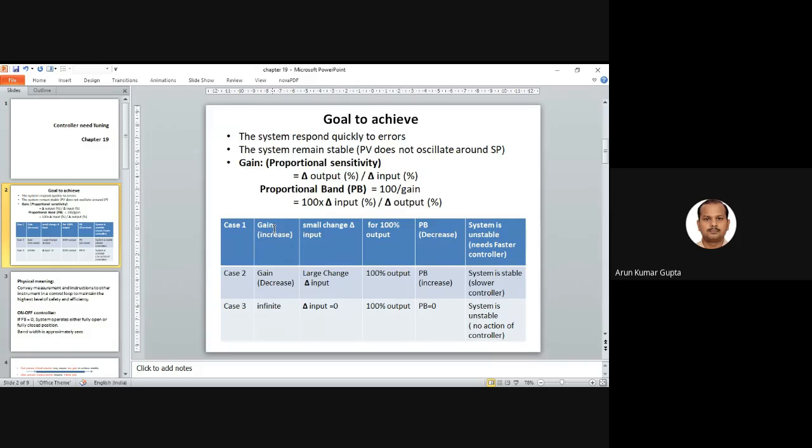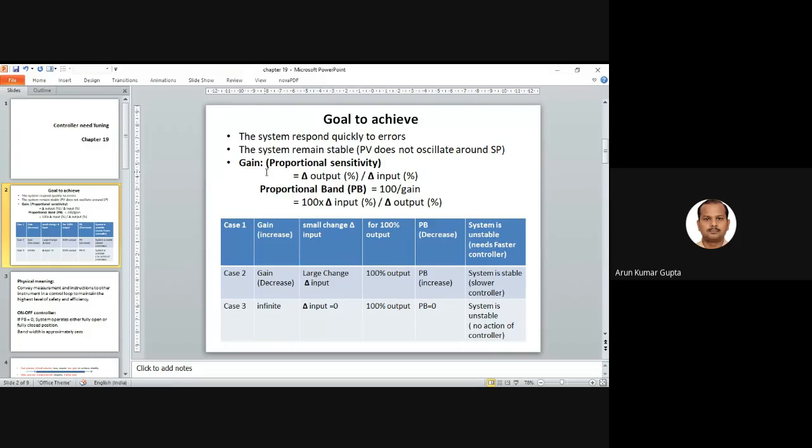Case 1, let's say if we increase the gain. Mathematically you can see that gain increase means, let's say output is fixed. Output fixed means we want 100% output, the final result, right?